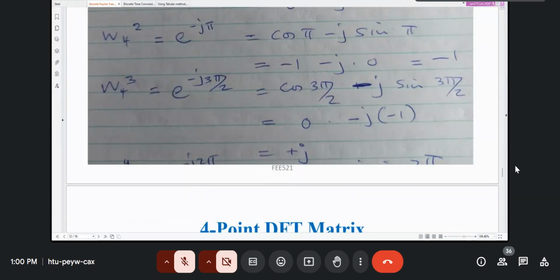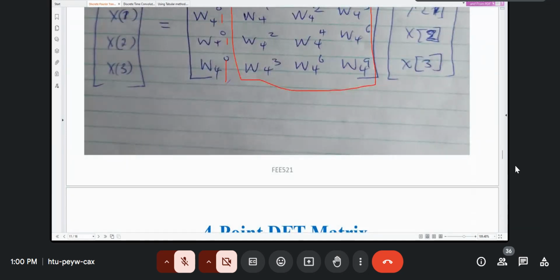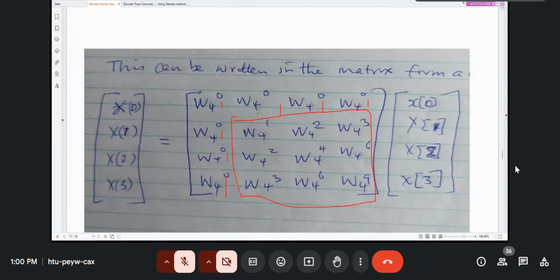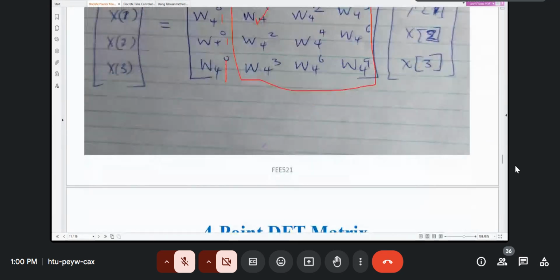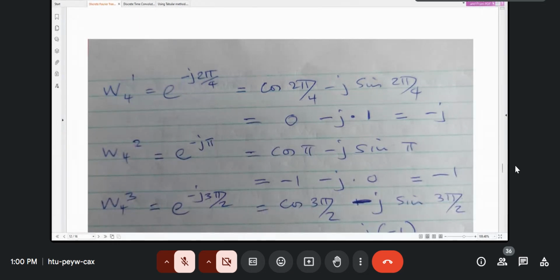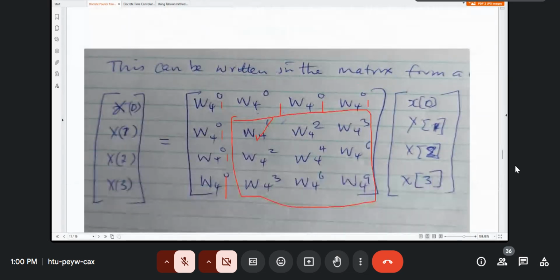W4 of 3, the next one, because we are through with W4 of 1. We have W4 of 2. W4 of 2 is minus 1. W4 of 1 is minus j, W4 of 2 is minus 1. We have gotten that one.